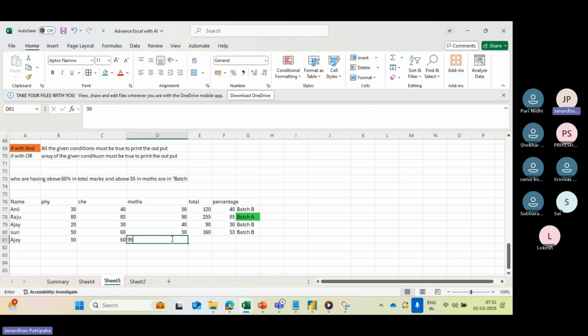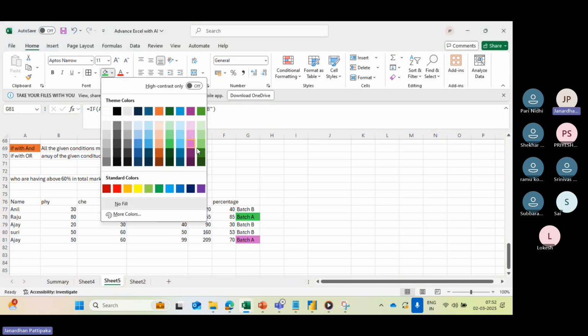Just randomly, 99. If you get 99, the percentage comes to 69. So let us make this 70%. So his percentage is 70%, maths marks is 99. That means the maths is above 55, the percentage should be above 60, and it is 70. So this person is also moving to batch A.